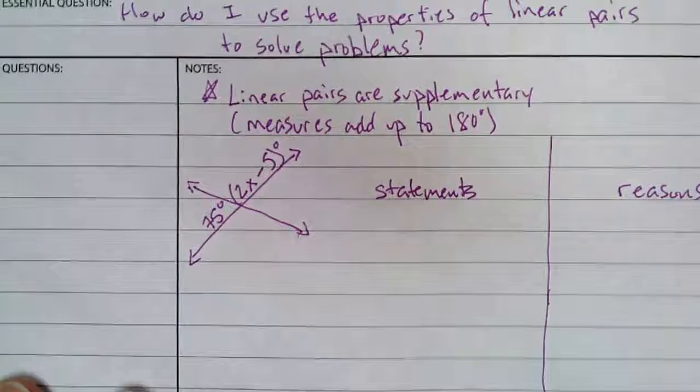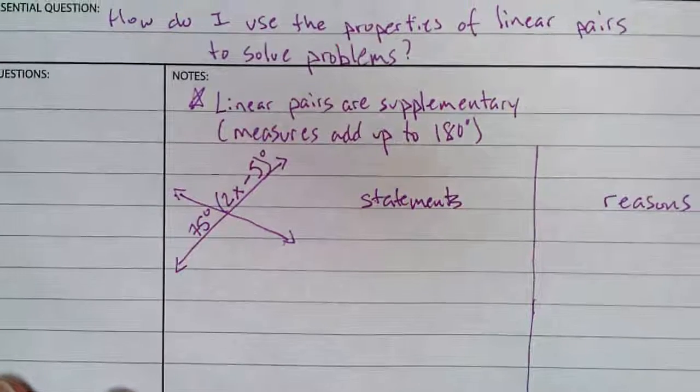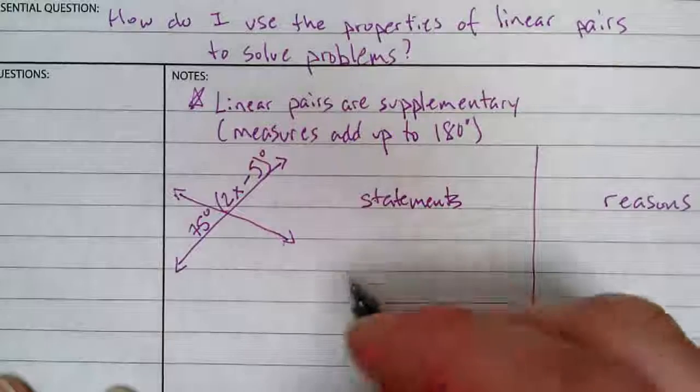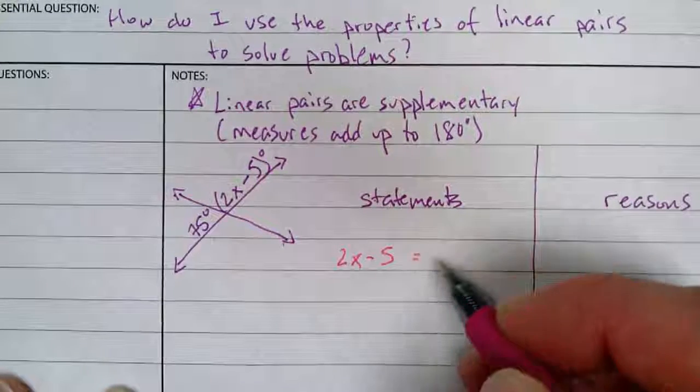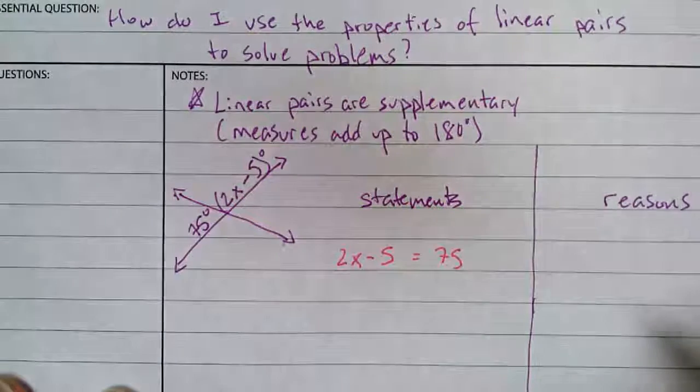Okay. So, first thing we're going to say is that 2x minus 5 equals 75.